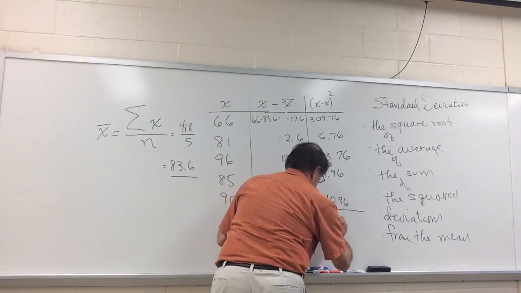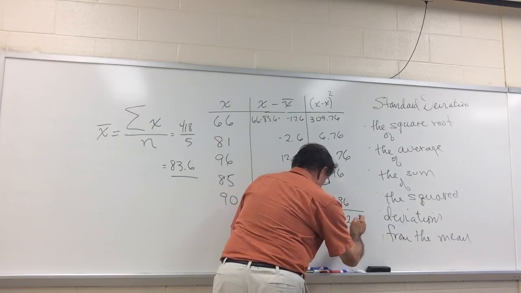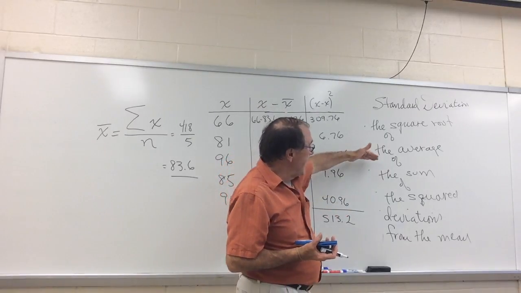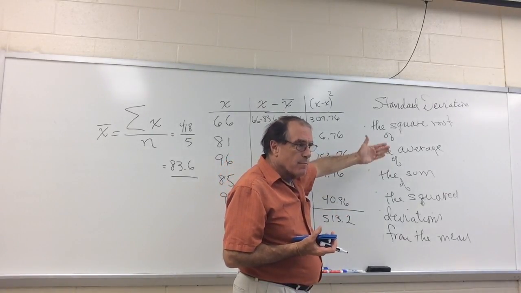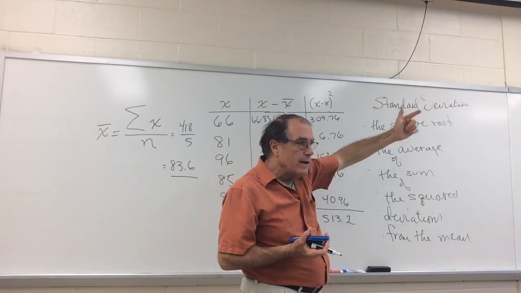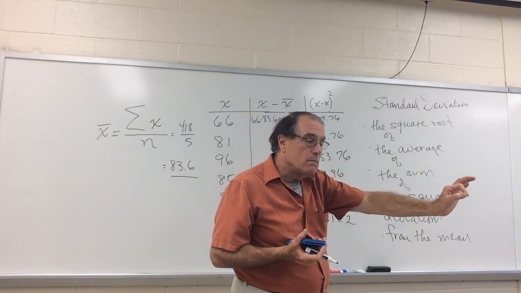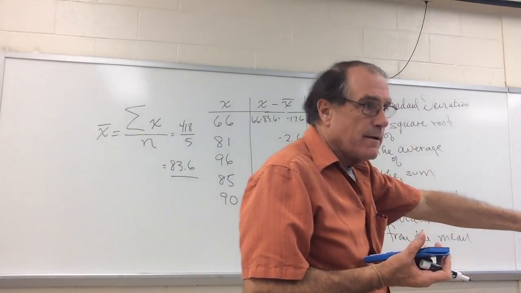Good. Now we have to do two things. We have to take the average. Remember, because it's a sample, what will we divide by? If it's a population, we would divide by the total.